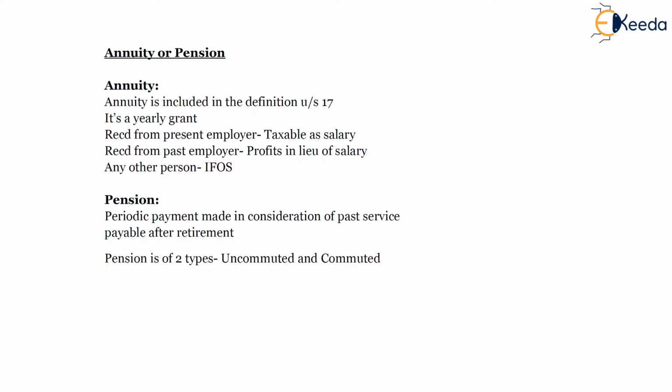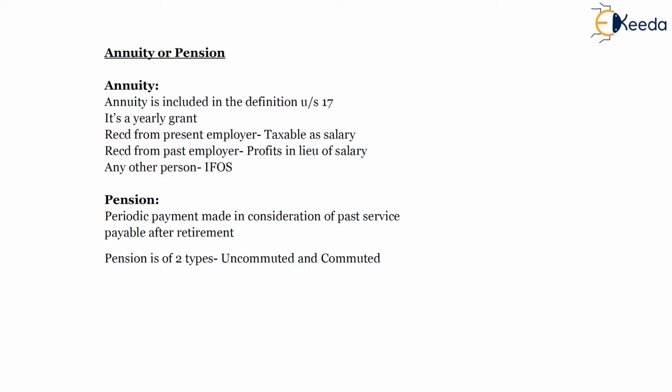And for commuted pension, the exemption is available under clause 10A. If it's a government employee, then it is entirely exempt, and if it is a non-government employee, then in those cases, 1/3 of the value of the pension will be exempt if gratuity is received.